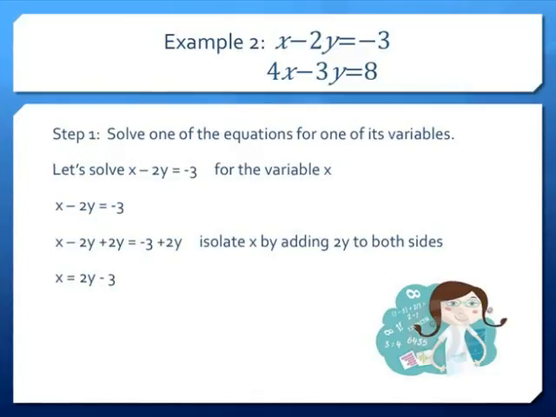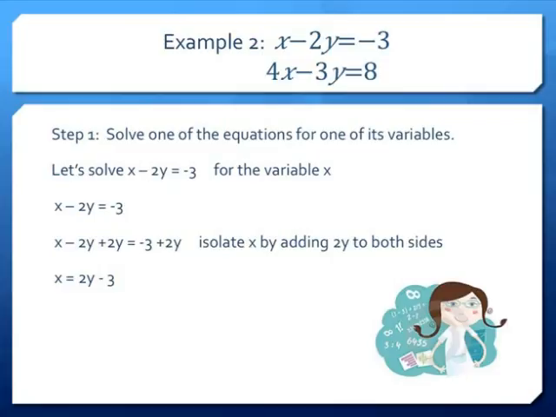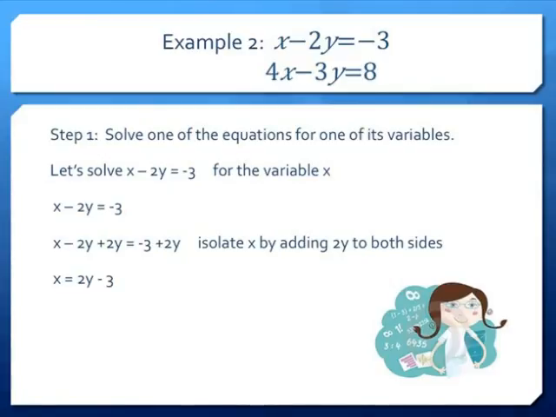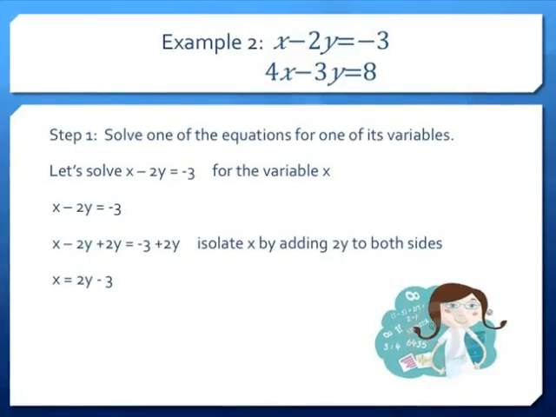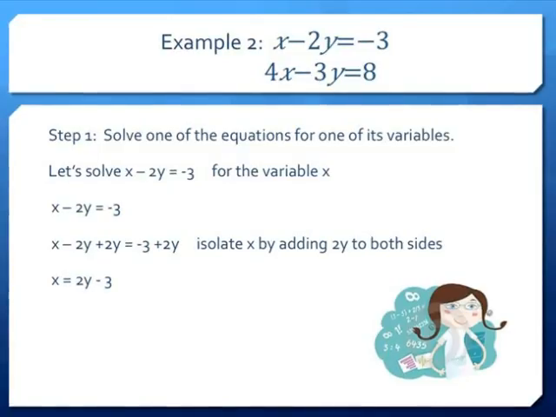Here's example 2. x minus 2y equals negative 3 and 4x minus 3y equals 8. Following our steps, we solve one of the equations for one of its variables.